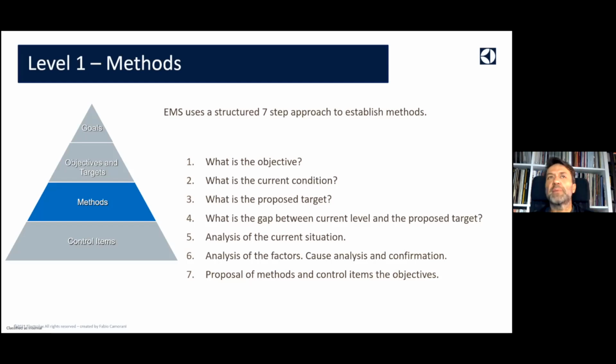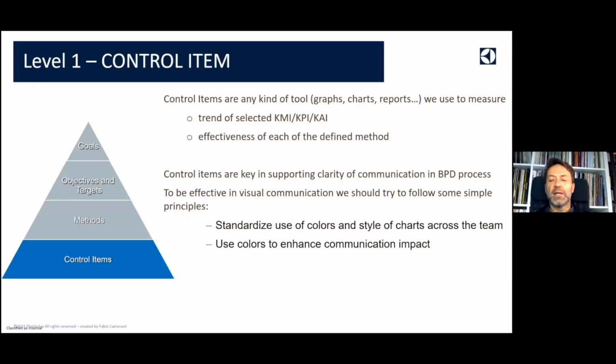That is the last step. Step 7, I have clear methods that I need to apply in order to fill the gap. And then we have exactly the control item. This is a description of what a control item is. It's any kind of tool to do something. So it could be in many different ways.